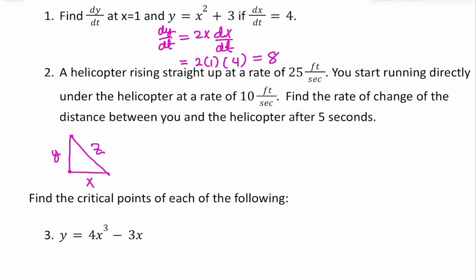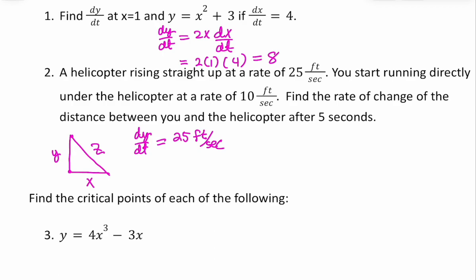Okay. Now let's think about what we know. We know that the change in the height of the helicopter is 25 feet per second. So that's y. And it's getting higher, so y is getting bigger. So we know dy dt is a positive 25 feet per second.